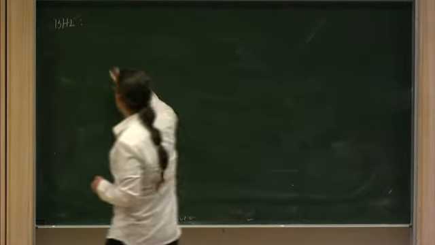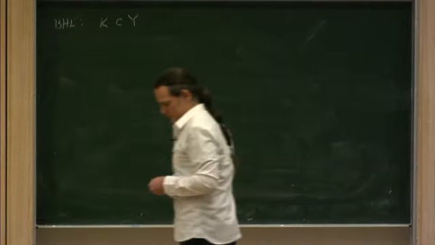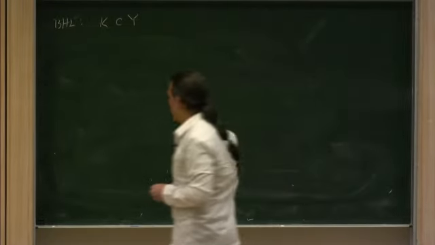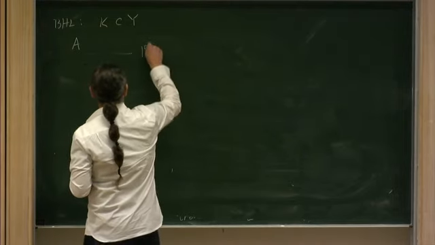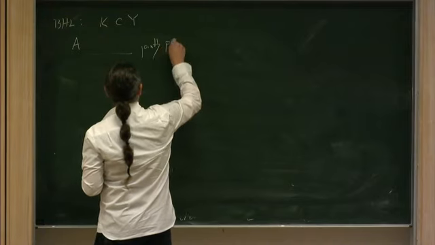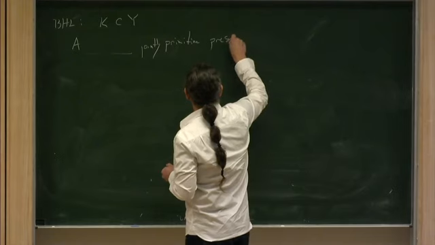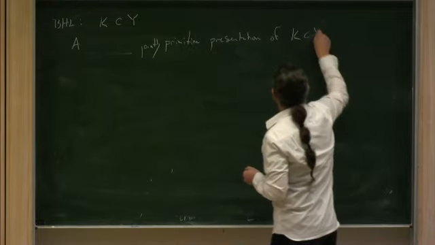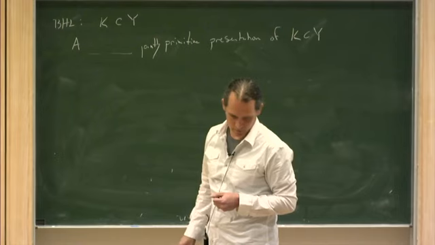So we're going to take a knot in a three-manifold Y, a closed orientable, whatever, three-manifold Y, and I'll throw in the next word here, something: jointly primitive presentation of K in Y. Well, what do we need from this?